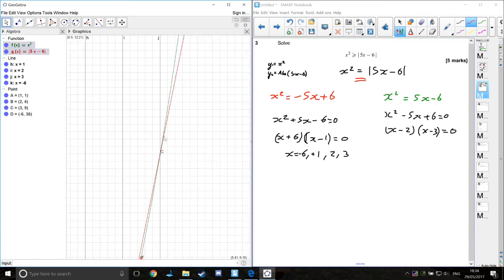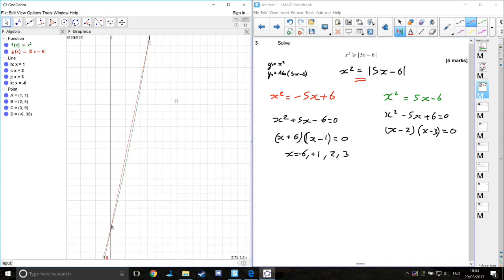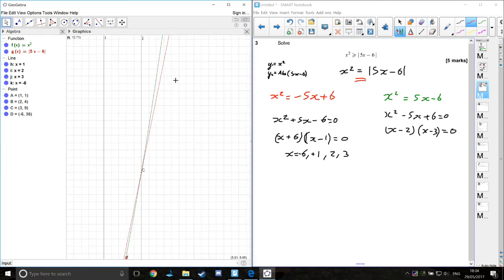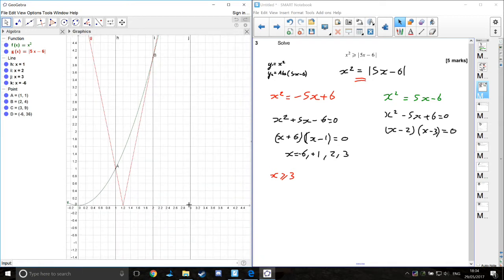But after 3, the green curve is always above this red mod. So this is true for after 3. So I can say x larger than or equal to 3 satisfies part of the inequality. We know that between 2 and 3 doesn't.